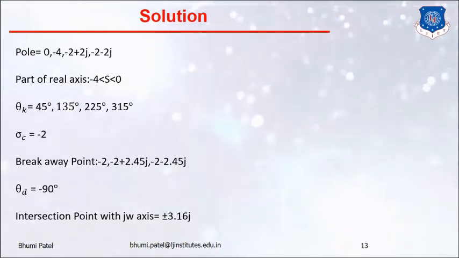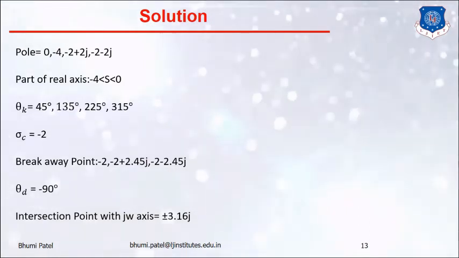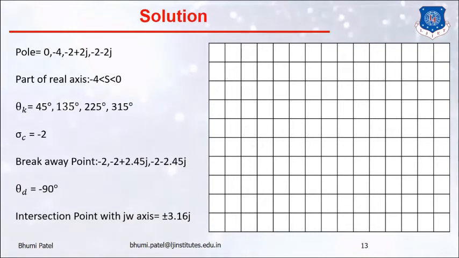The value of centroid is equal to minus 2. Breakaway points are minus 2 plus 2.45j and minus 2 minus 2.45j. Theta d is equal to minus 90, and the intersection point with the j omega axis that we have to find is plus or minus 3.16j. So we have to draw a root locus for this particular system.